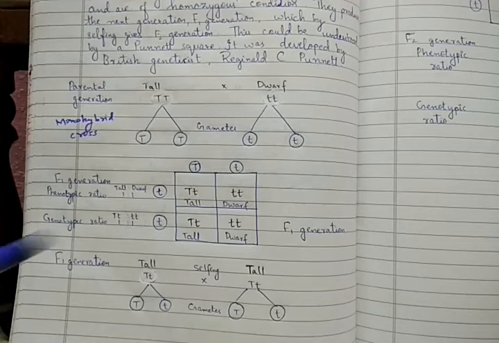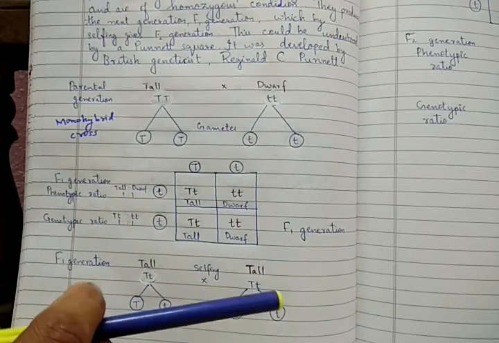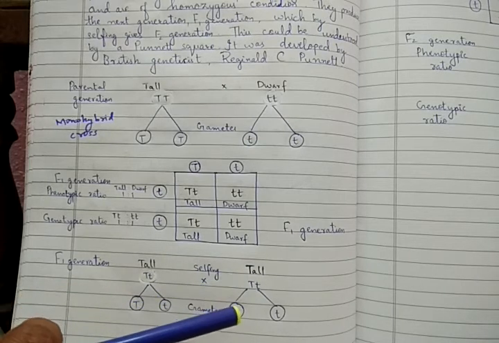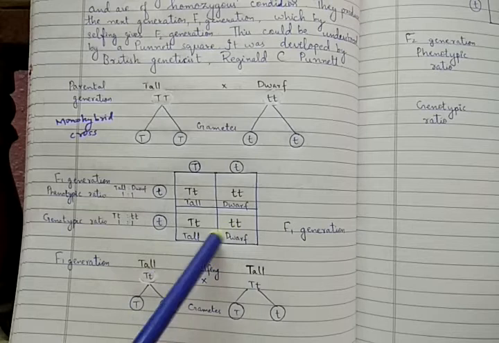Which means if you are taking capital T, small t, then for self crossing you will take on the other side also capital T, small t. You are seeing a box like structure here.